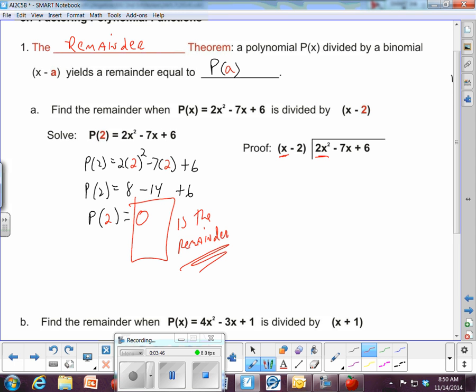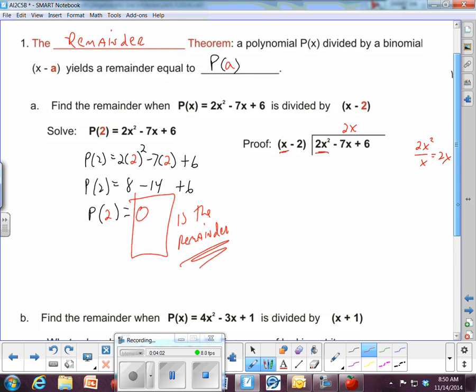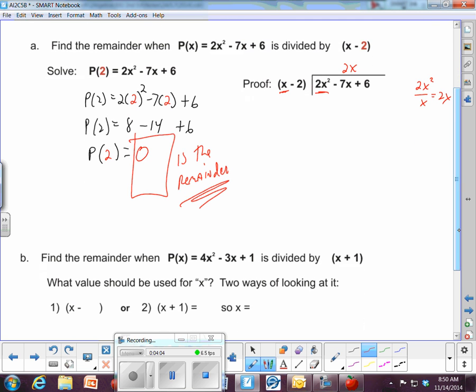Take the first 2x squared and divide it by the first, right? So again, we know a 2x squared divided by an x is a 2x. And I taught you guys to put the 2x in the x column, right? And remember, we got to distribute. X times 2x is 2x squared.